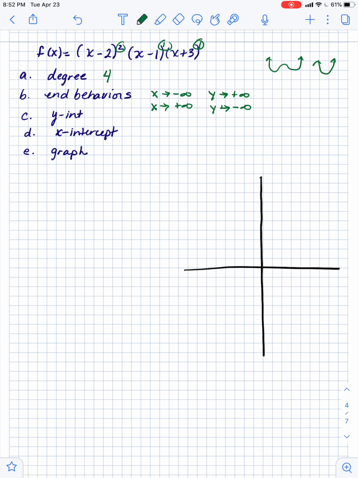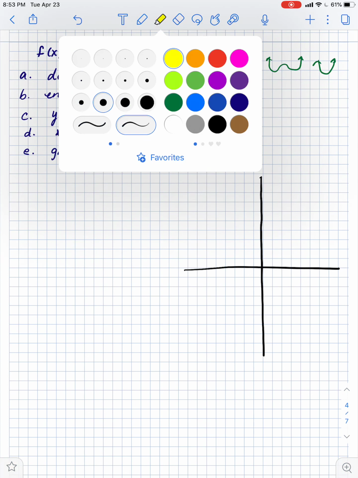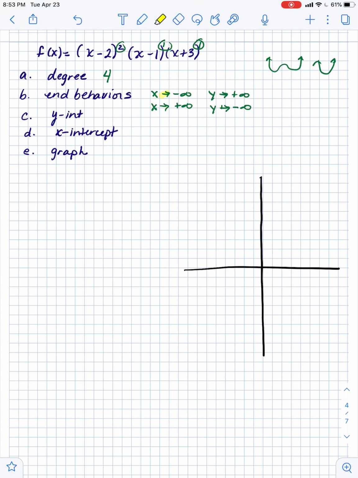I do want to make a quick comment, because I saw some of you, not many, putting the arrows in a bunch of weird places. One person did it in interval notation. Guys, the only time you see the arrows is when we are doing the end behaviors.